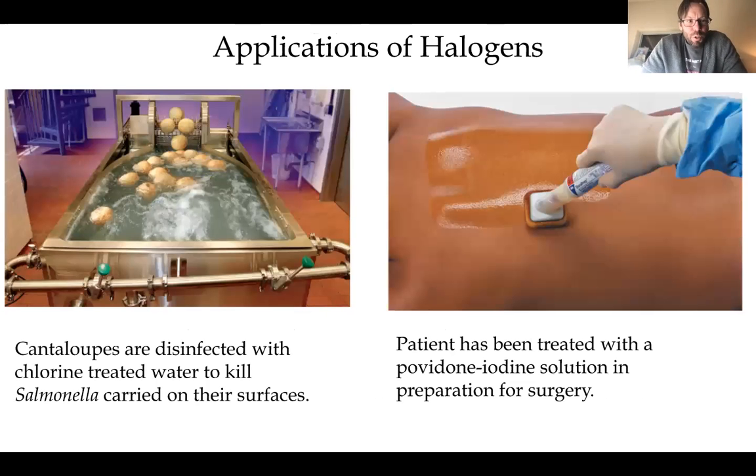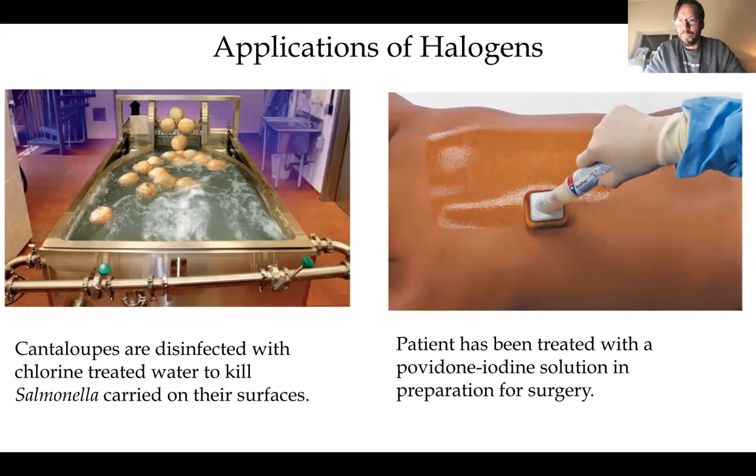Here are some examples. So using chlorine in this chlorine bath to treat cantaloupes that often are harboring different microbes on the outside of them. You don't eat the rind, but what do you do? You cut open a cantaloupe.